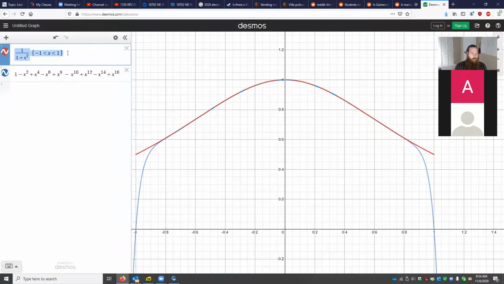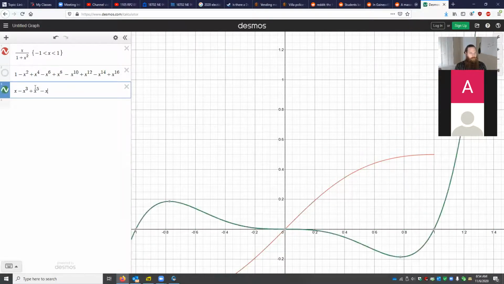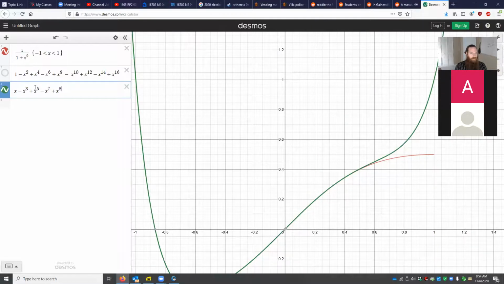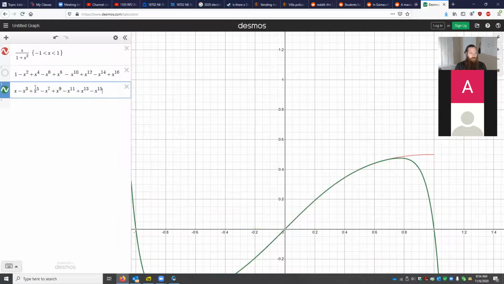Our prototype odd function that we've been playing with so far this morning is this one. What does a partial sum for that look like? Well, that was -1 to the n, x to the 2n plus 1. So that's x minus x cubed plus x to the 5 minus x to the 7 plus x to the 9, minus x to the 11 plus x to the 13 minus x to the 15 plus x to the 17 and so on.